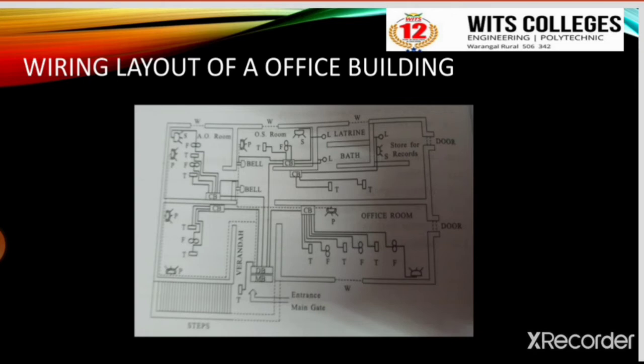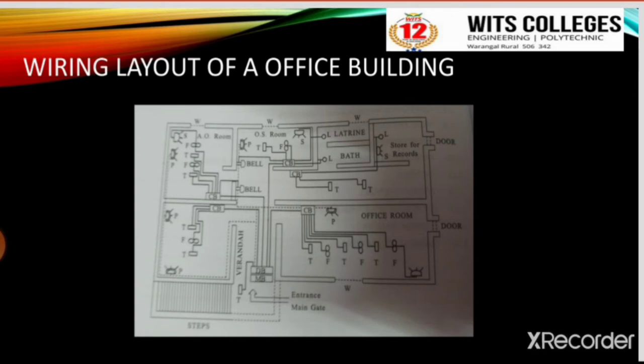The first cable is given to the office room. The office room is a spacious room, and a number of staff will be present there. That's the reason in the office room we place a number of tube lights as well as fans.